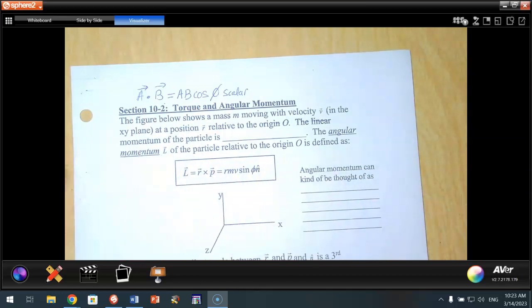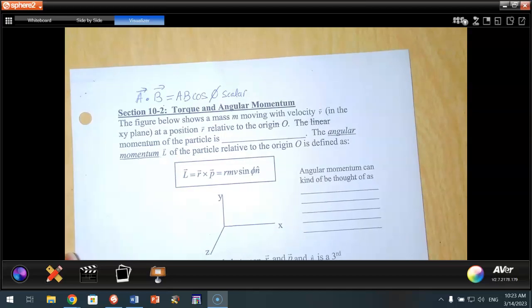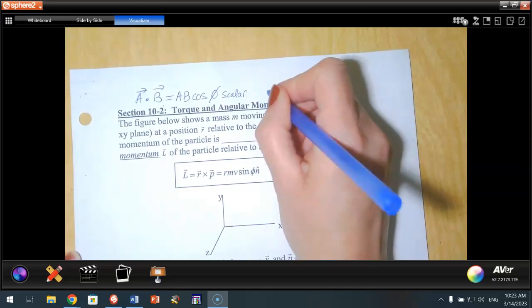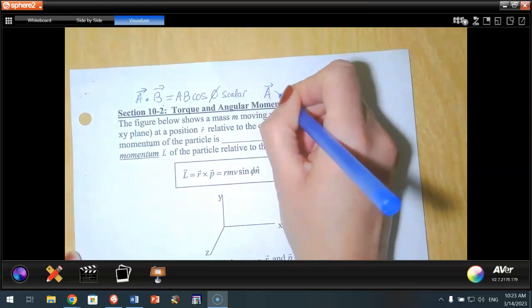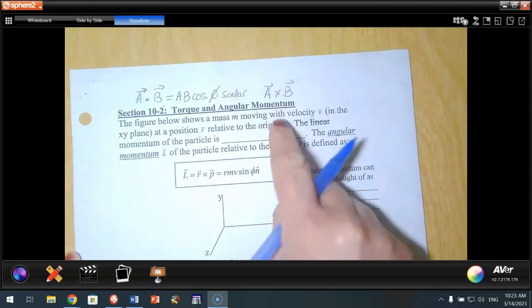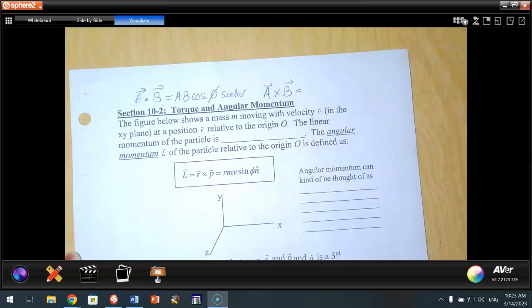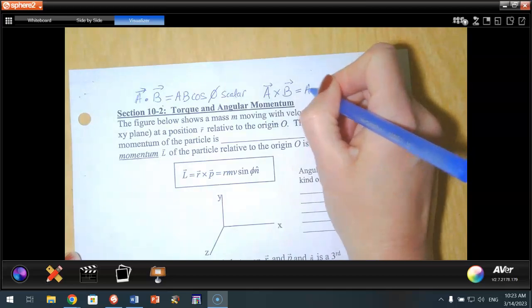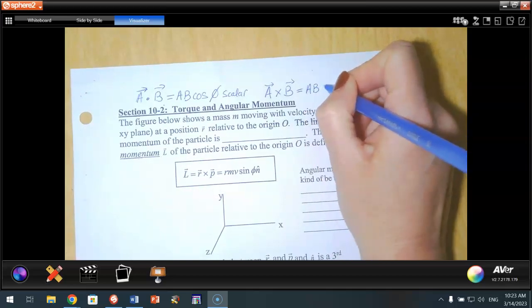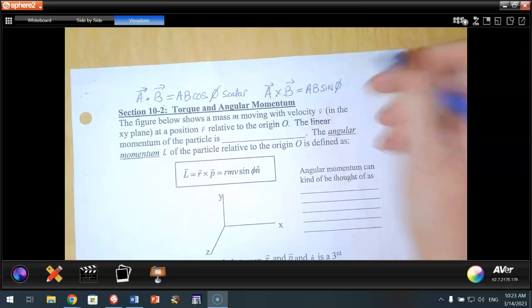Well, this new thing that we're going to learn about, angular momentum, and the old thing that you already know, torque, are actually found using something called cross products. Cross products look sort of like a dot product, except instead of a dot, there's a cross in between them. By definition, a cross product is the size of A times the size of B times the sine of the smallest angle between them.